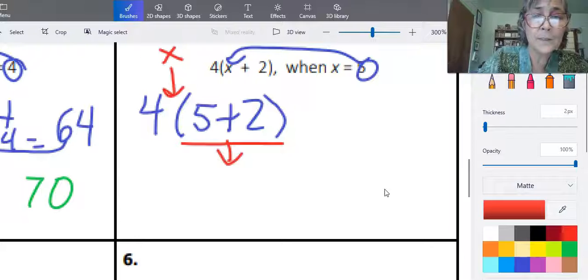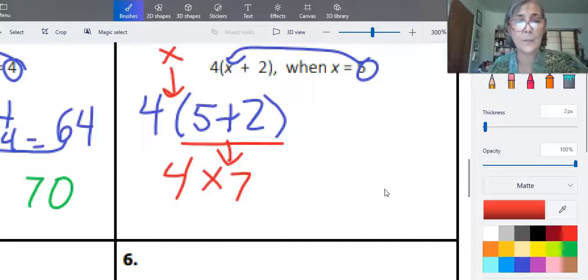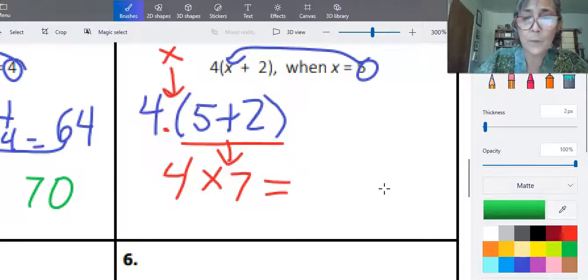So 5 plus 2 is 7. Now, because of this invisible times, I know that 4 times 7 is my next operation. 4 times 7, because this right here means times, right? 4 times 7, 28.